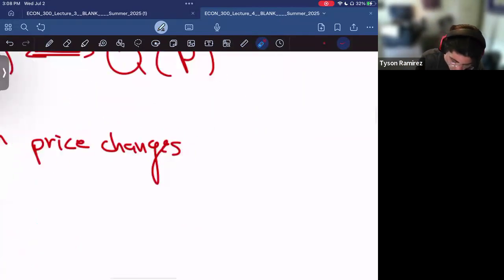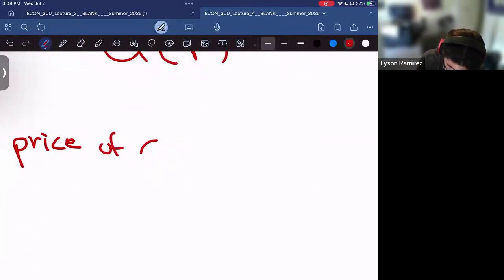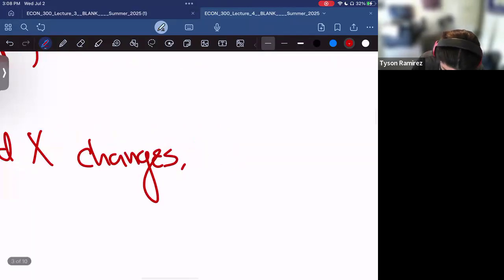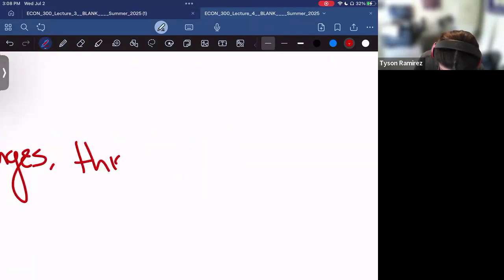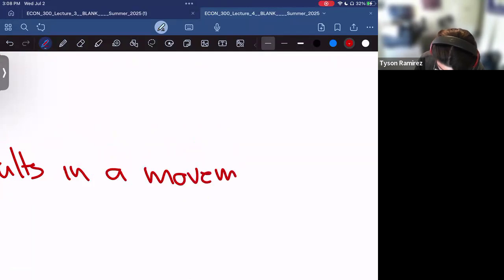All right. So in price, I should be specific. Price of good X changes. This results in a movement along the curve.